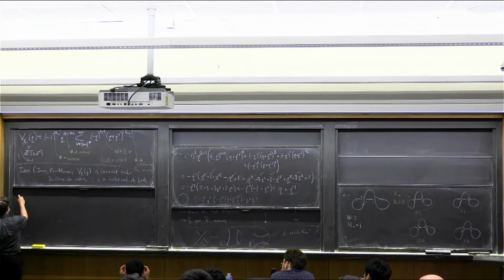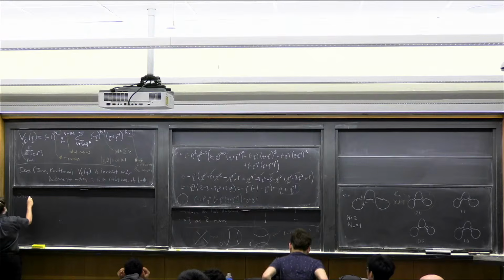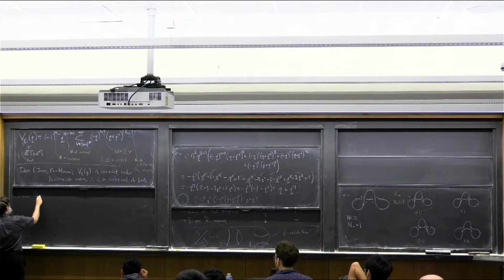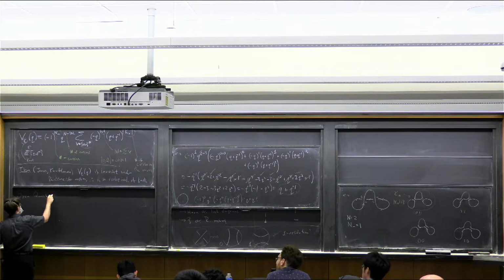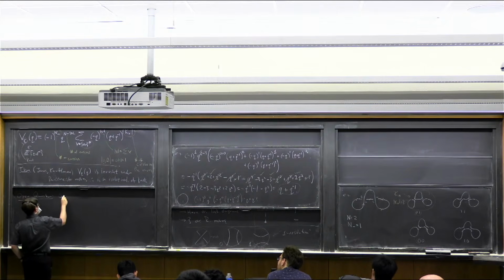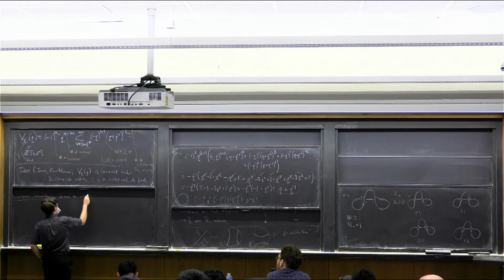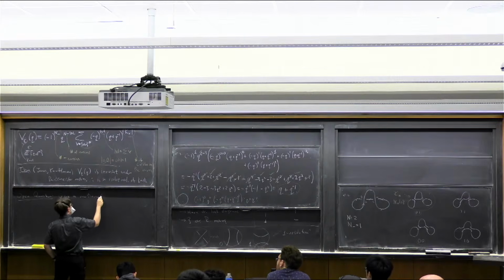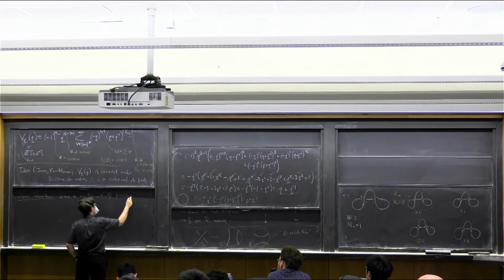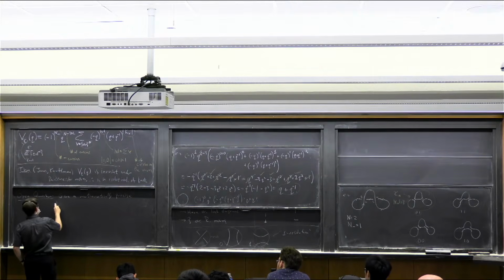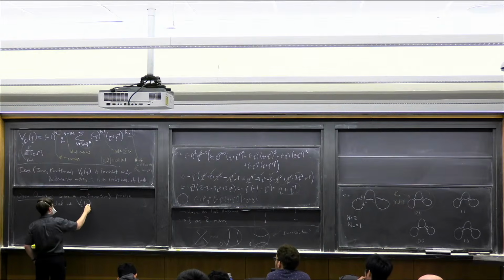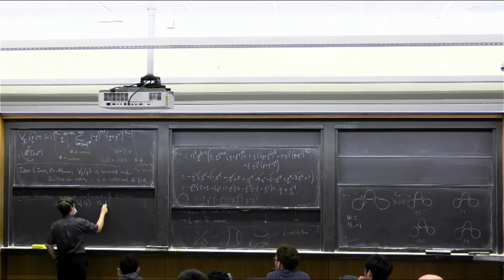I claim, and these are sort of fighting words, that the following is open: give a mathematically precise definition of V_K of q, the Jones polynomial, that doesn't use a knot diagram.